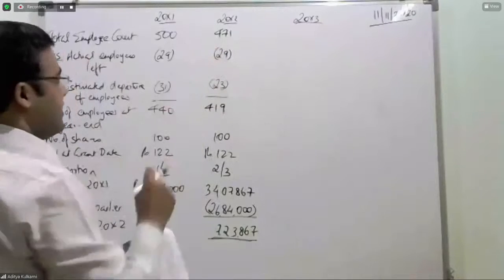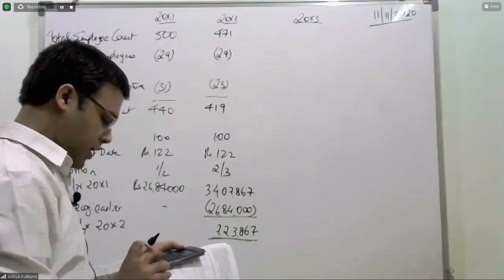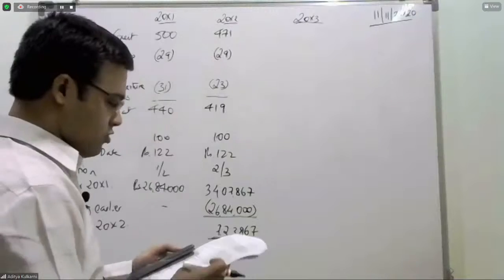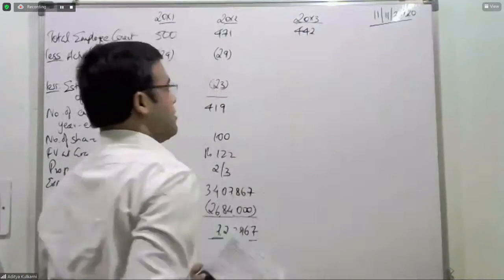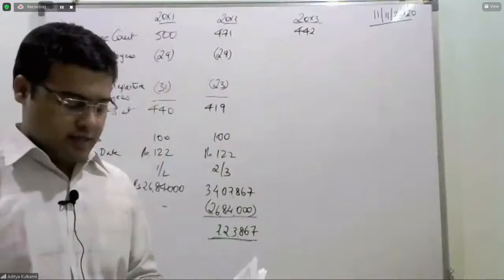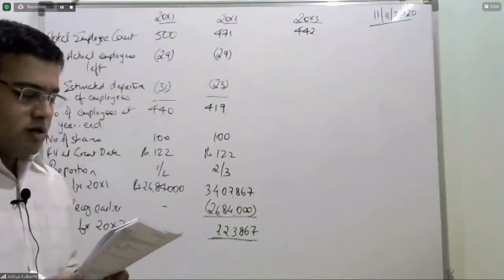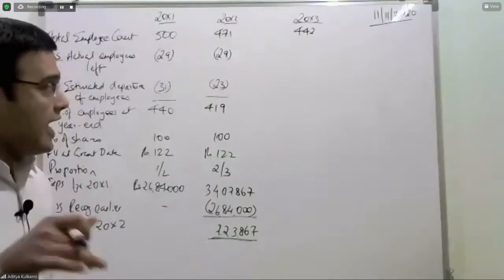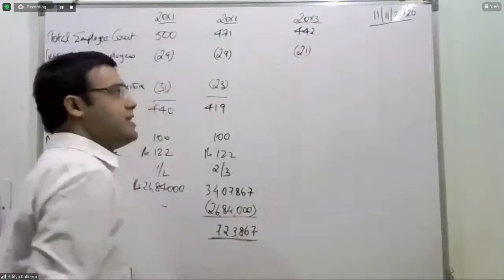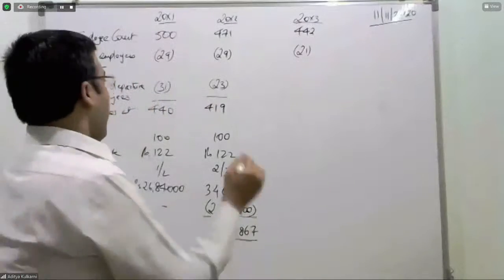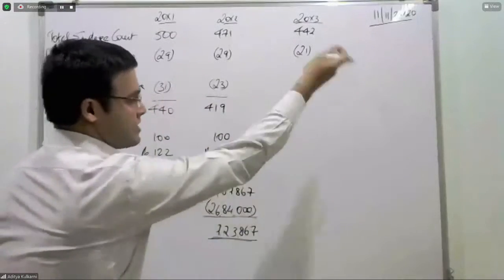How many employees do you have? 471 minus 29, so you have 442 employees at the beginning of the third year. Out of 442, how many employees have left? Actually, you thought 23 will leave, but only 21 have left. Do you need an estimated departure in the next year?